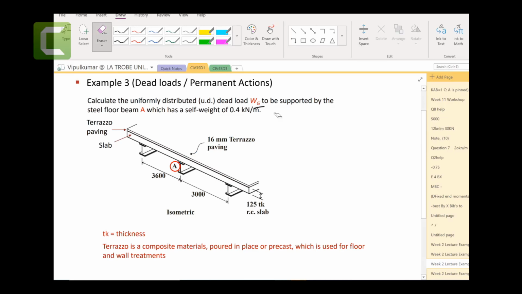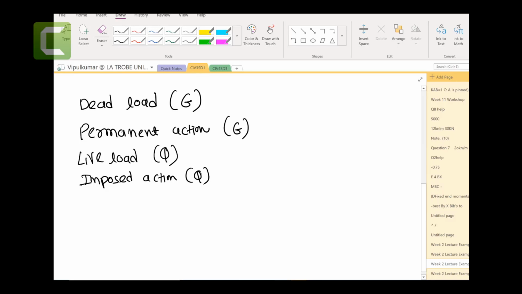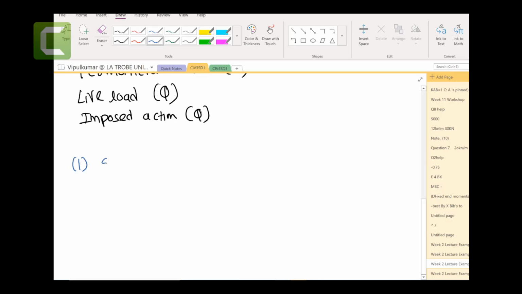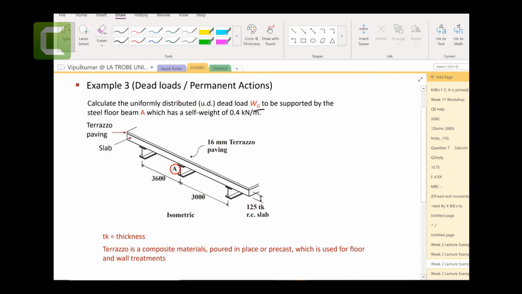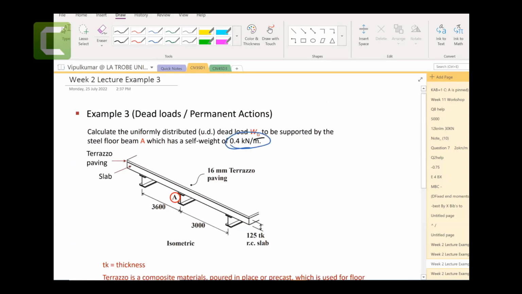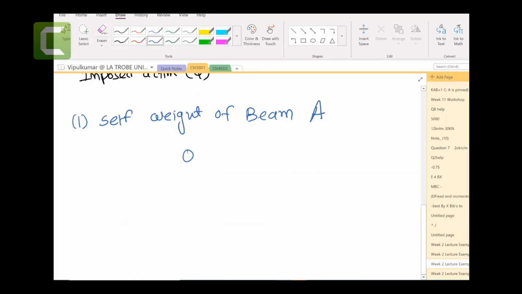So that's what we're going to find. It's going to carry three different loads. Number one, self weight of beam A. What is the self weight of beam A? 0.4 kilonewton per meter, given in the question. So 0.4 kilonewton per meter.